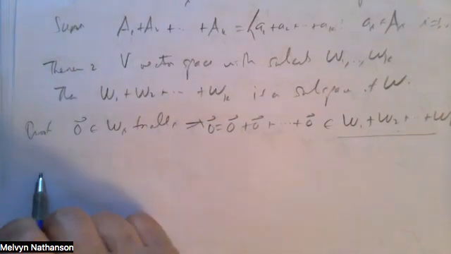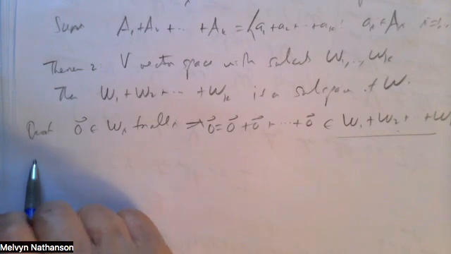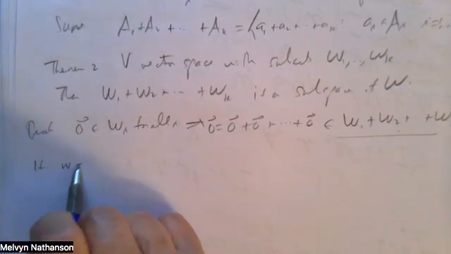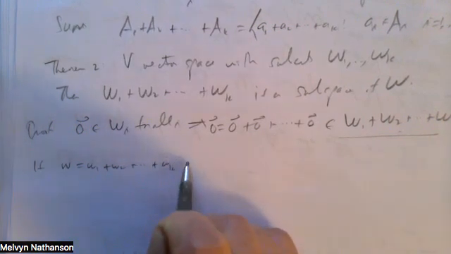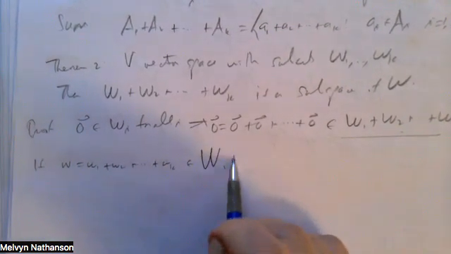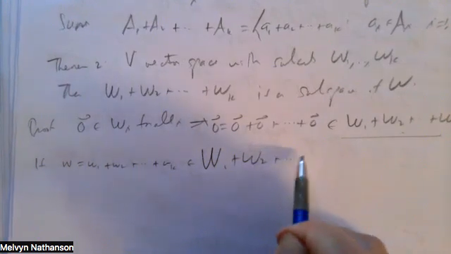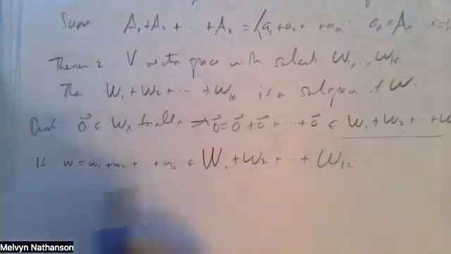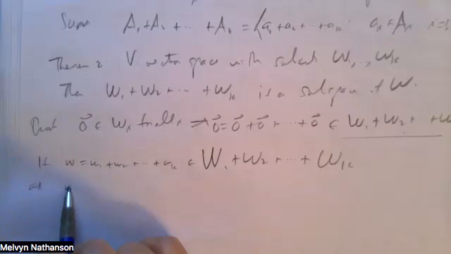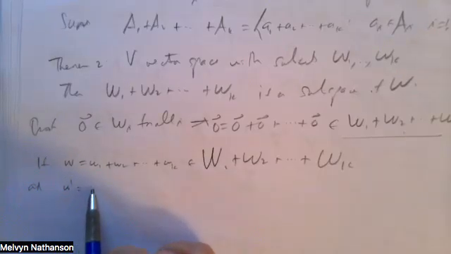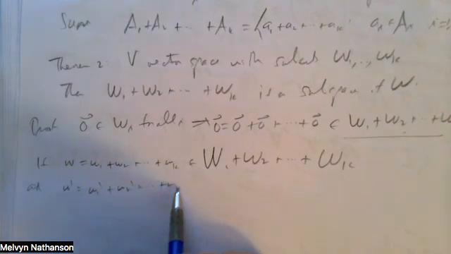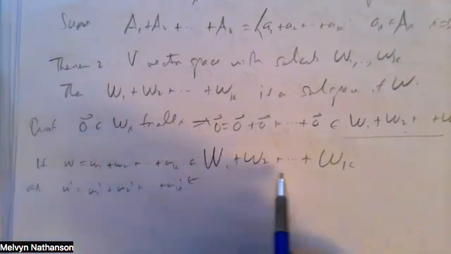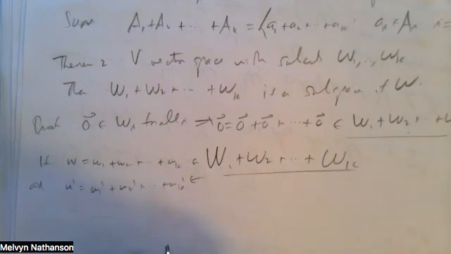And if W1 plus W2 up to WK is in the sum of the subspaces, and another vector W prime, which is W1 prime plus W2 prime up to WK prime, is also in the same sum of the subspaces.